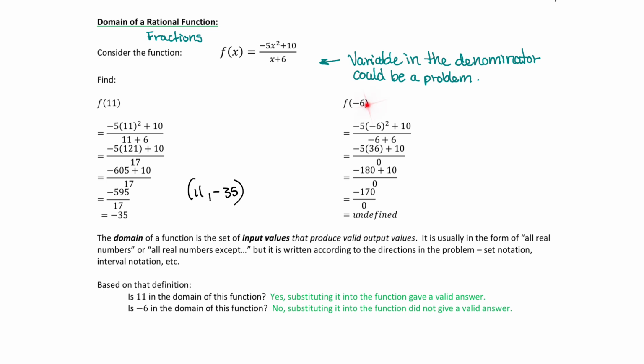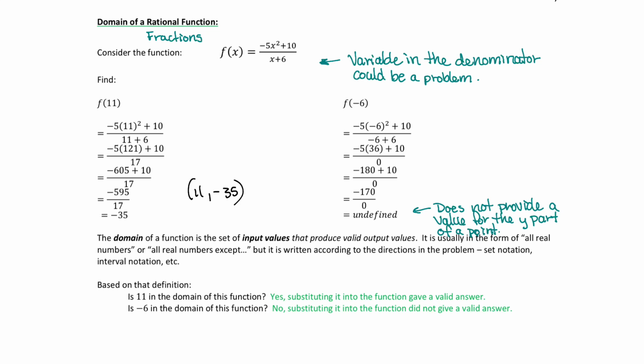Okay, but over here, they tried -6, put it in, and you can't divide by 0. So you don't get a value. So what that says is when you put -6 into the box, you don't get anything out. This does not provide you with a point on the graph. It is undefined, so it becomes a problem.